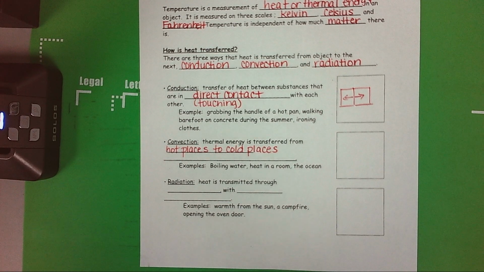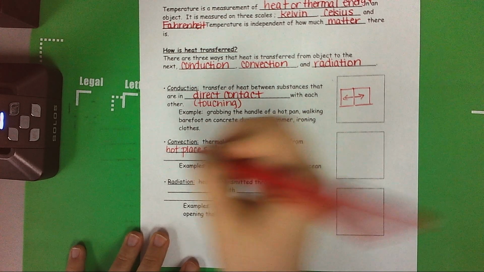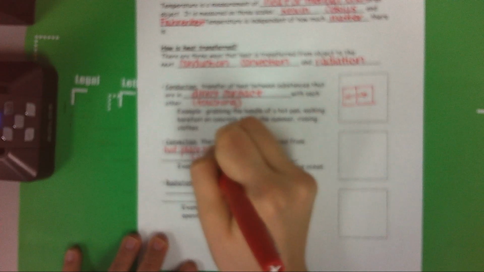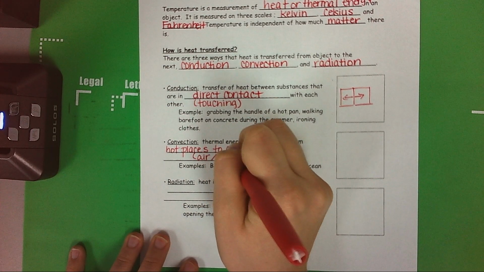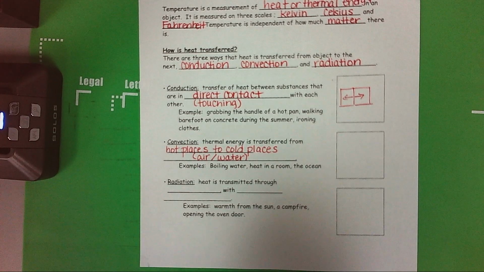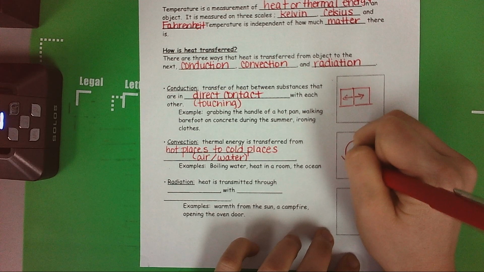The heat from the water boils up into the air, and so the air around the water is warm. Heat in a room. Okay, so we like to think of convection with air or water. It's like the heat is being transferred through a current.